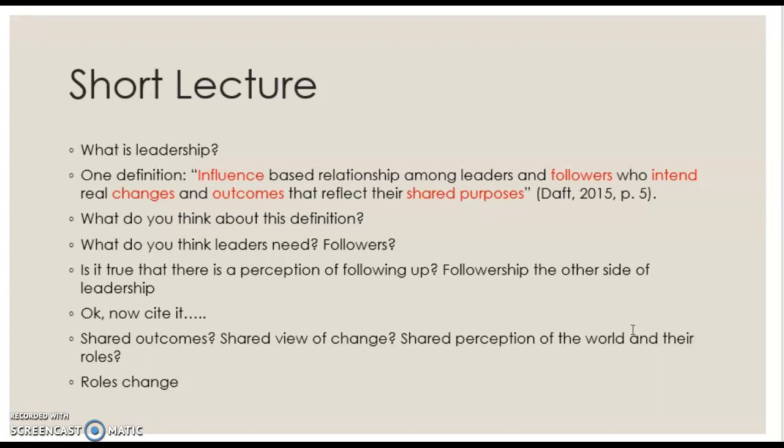As we go along, we're going to talk a lot about followership. But for right now, I want you to think about APA. This is the first time I mention APA to you. Notice that this is a direct quote. The direct quote begins where those quotation marks are, and then it ends where the second set of quotation marks are.